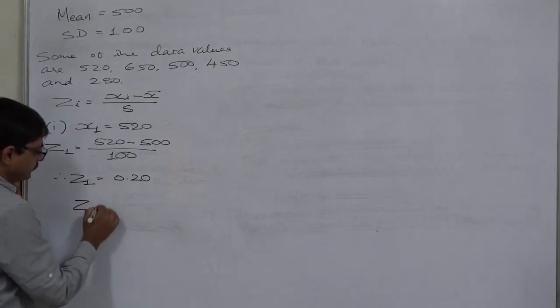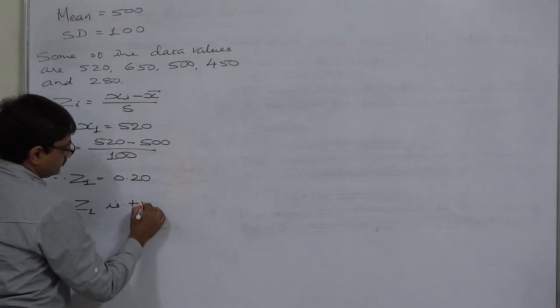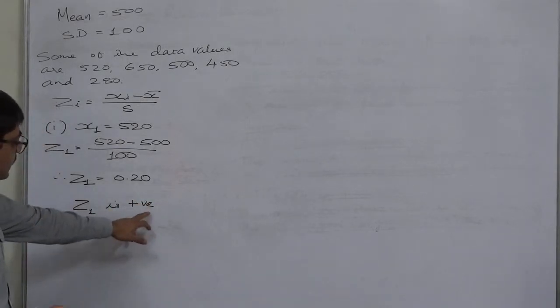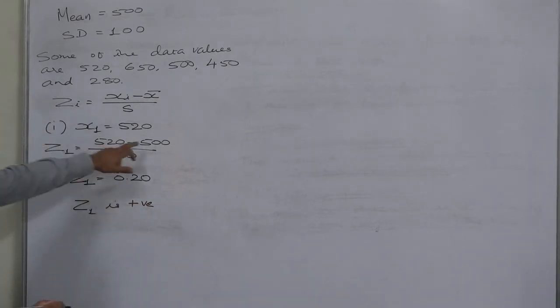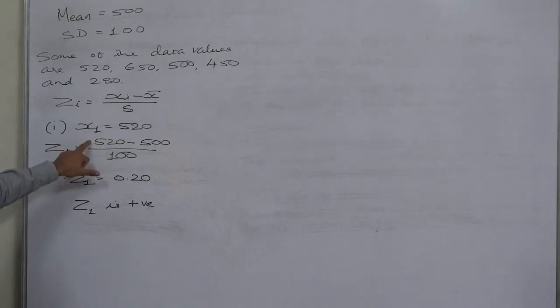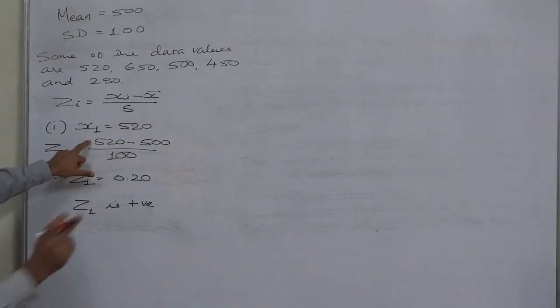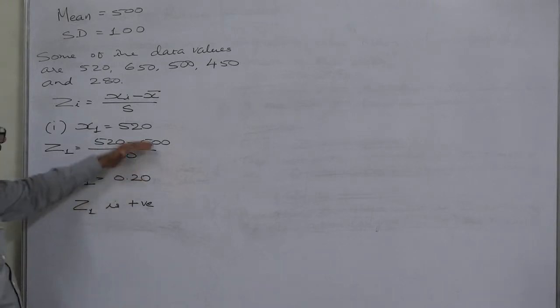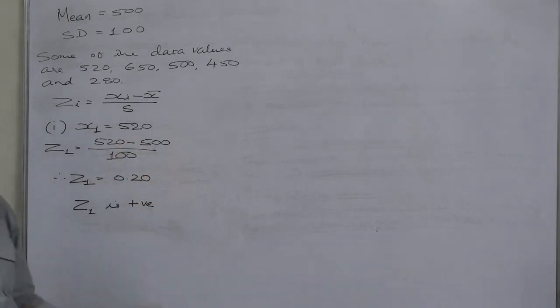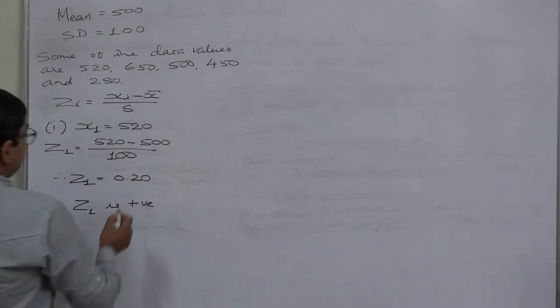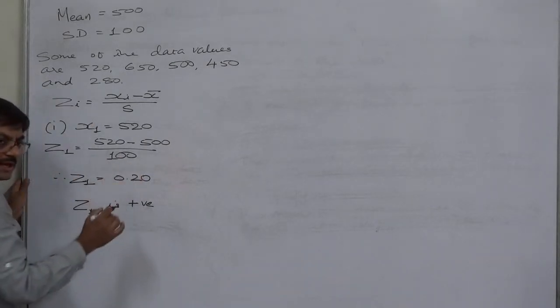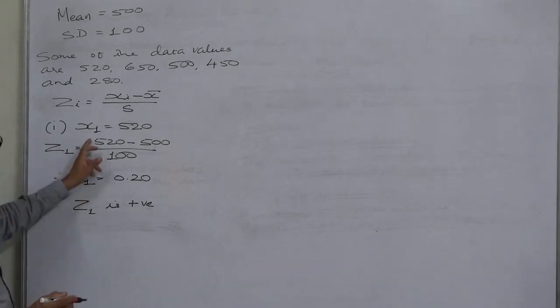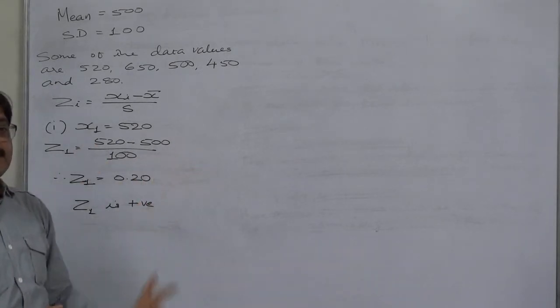Z1 is positive. That means the data value must be greater than the mean, and it is. So the interpretation is that the data value is above the mean, by 0.2 times the standard deviation.